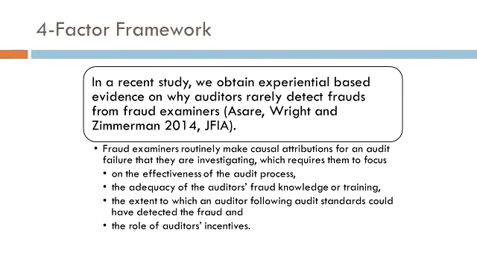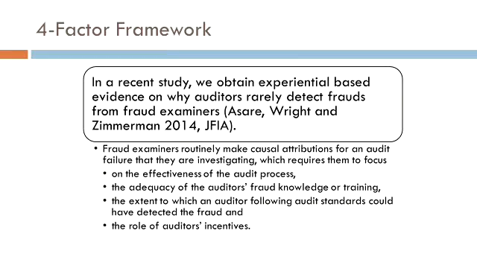And so we asked them, tell us what your experiences tell you about each of these 4 factors in our framework. What have you learned about auditors' incentives that you think is contributing to their inability to detect fraud? What have you learned about their knowledge? What have you learned about the audit process? What have you learned about institutional factors? And when we did that, we learned a few interesting things.